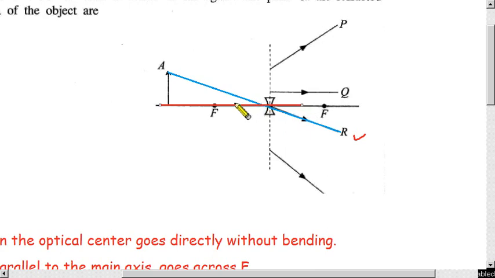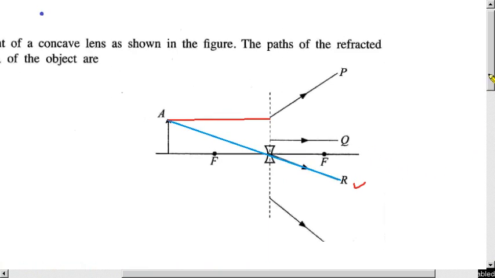If we take this ray from A, this parallel ray must go, after refracting from this lens, crossing F, on the front side or back side of the ray.